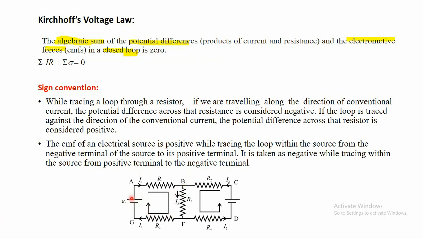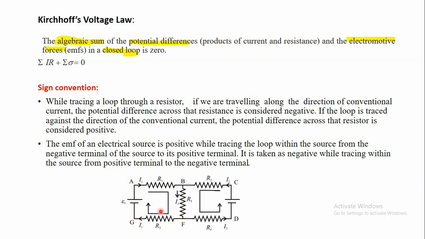If I have to find the values of resistances or current in this loop, I will start traveling from A, and I can move like A, B, F, G, back to A. Or I can move like A, G, F, B, back to A. So I can move either in clockwise or anti-clockwise direction. Only these two directions I can move.